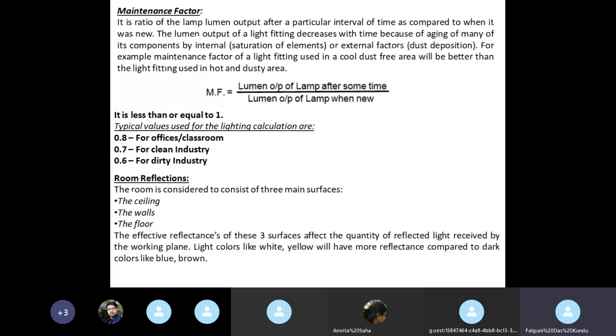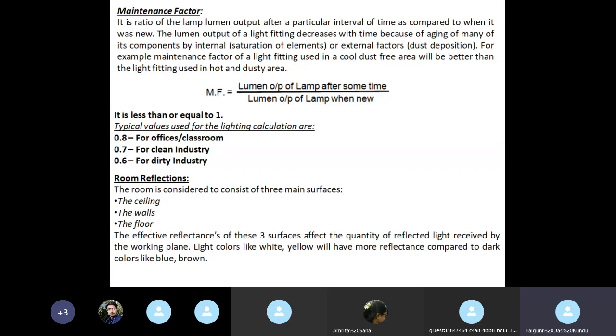Then the maintenance factor or MF. This is a ratio between the lamp lumen output after a particular interval of time as compared to when it was new. The lumen output of a light fitting decreases with time because of aging of many of its components, internal, that is the saturation of elements, or external dust deposition.